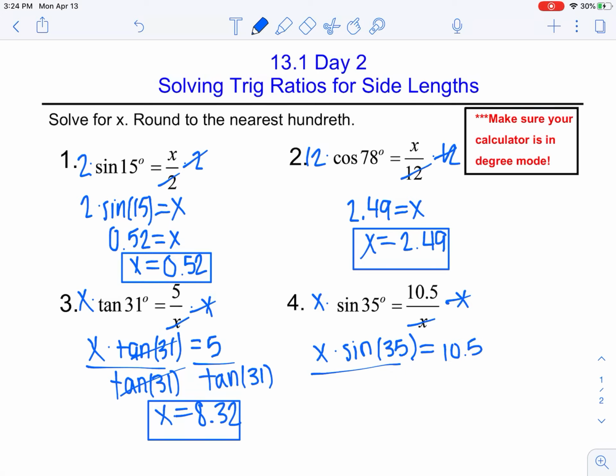From here we can divide both sides by sine of 35. So now we have x by itself, and we can type in everything on the right side. 10.5 divided by the sine of 35. To the nearest hundredth, that would be 18.31.